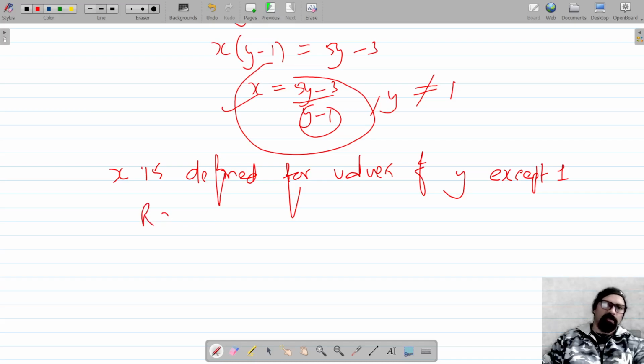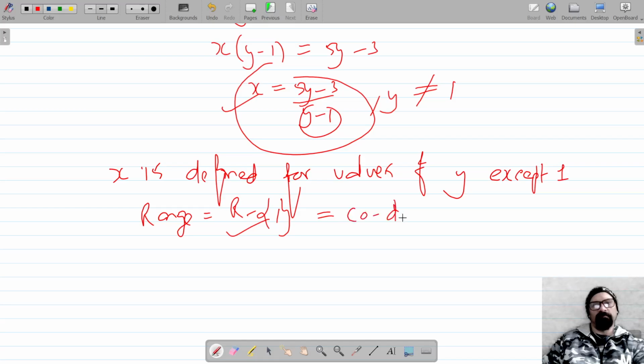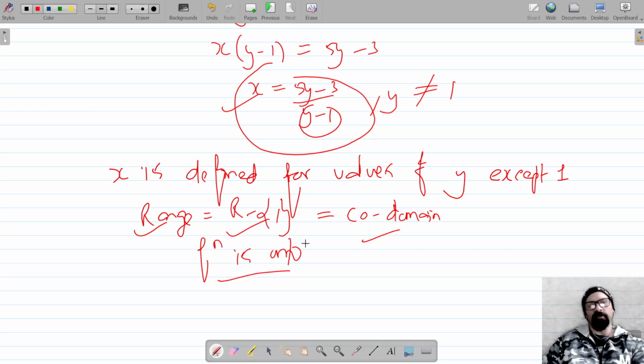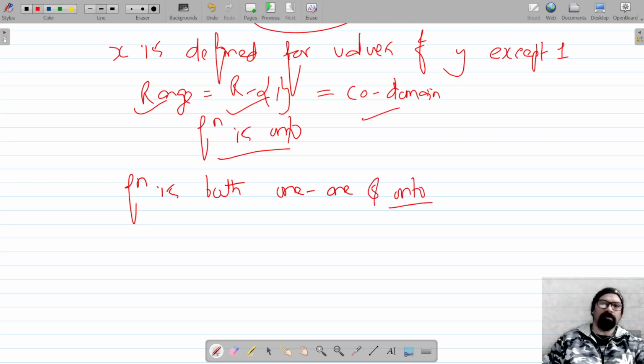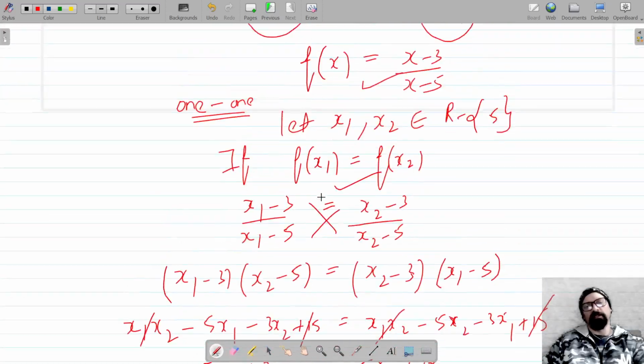So that means our range is equal to all real numbers except 1, and this is exactly the codomain. So when range becomes equal to codomain, that means the function is onto. So that means the function is one-one and onto. So the given function is both one-one and onto, and a function that is both one-one and onto is a bijective function.